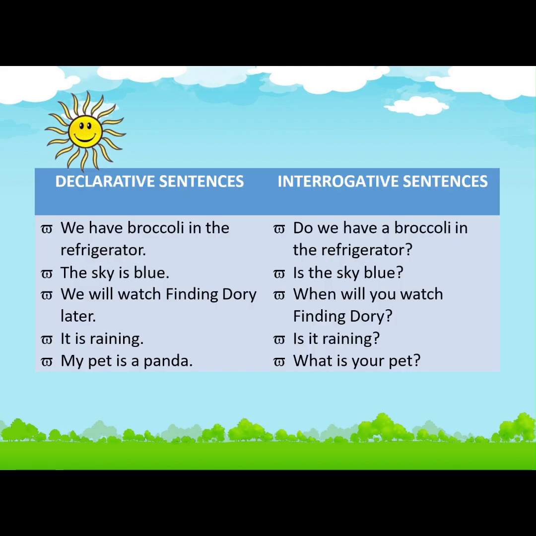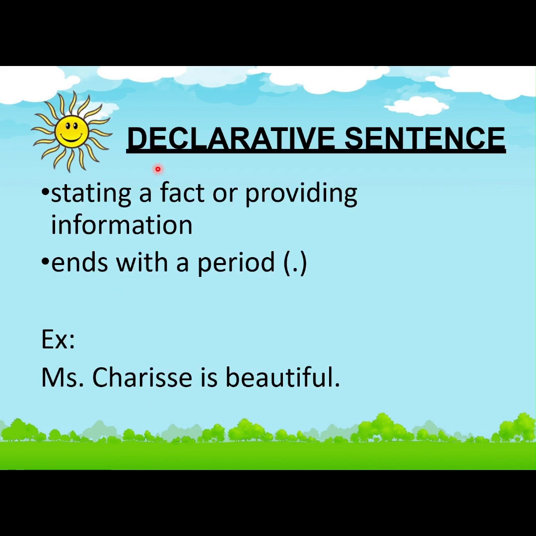First, we are going to talk about these two kinds of sentences named as declarative sentences and interrogative sentences. But before we deal with these examples, this slide I'll come a little later, we will move on to the next slide. What is a declarative sentence? A declarative sentence is a sentence stating a fact or providing information.